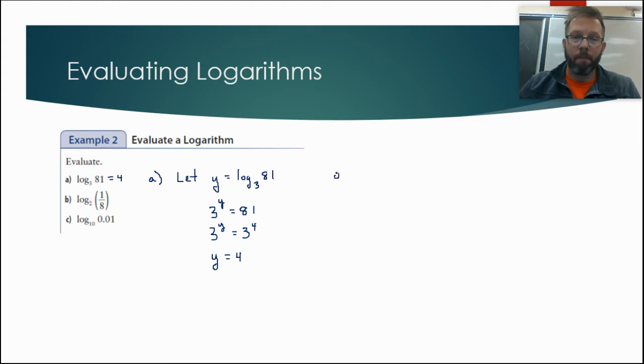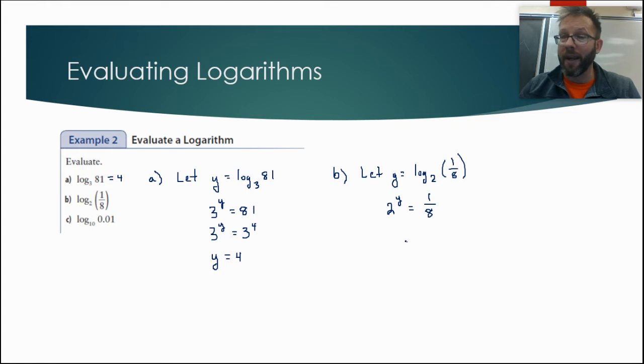Let's try B. So again, log base 2 of 1 over 8 is asking 2 to what power gives us 1 over 8. If we're unsure about that, let's set it up. Y equal log base 2 of 1 over 8 means 2 to the power of y gives us 1 over 8.